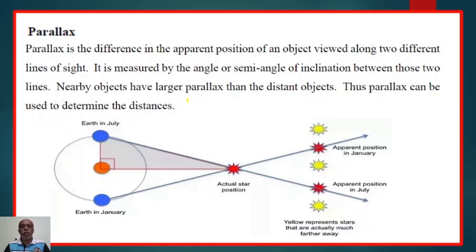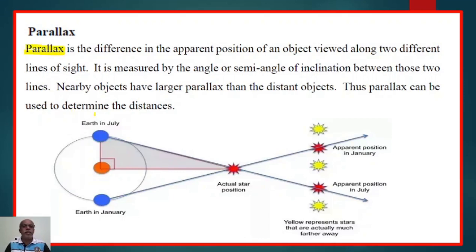This shift is not real, it is apparent, and therefore we say that it is the apparent shift in the position of the object when the same object is viewed along two different lines of sight. This we call the parallax.